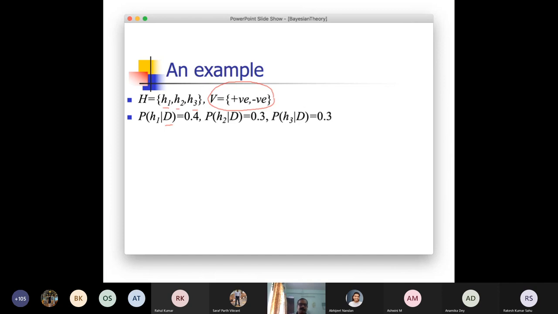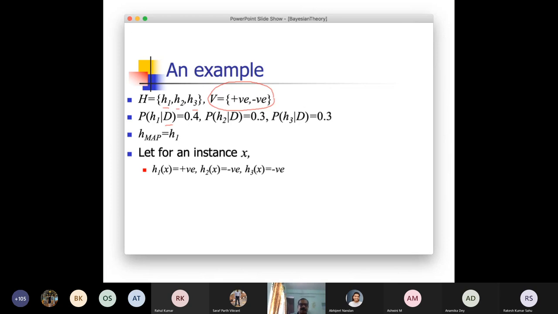This is your posterior distribution that you have computed, for example. When you consider H map, you can select H1. Now H1 has a specific label.